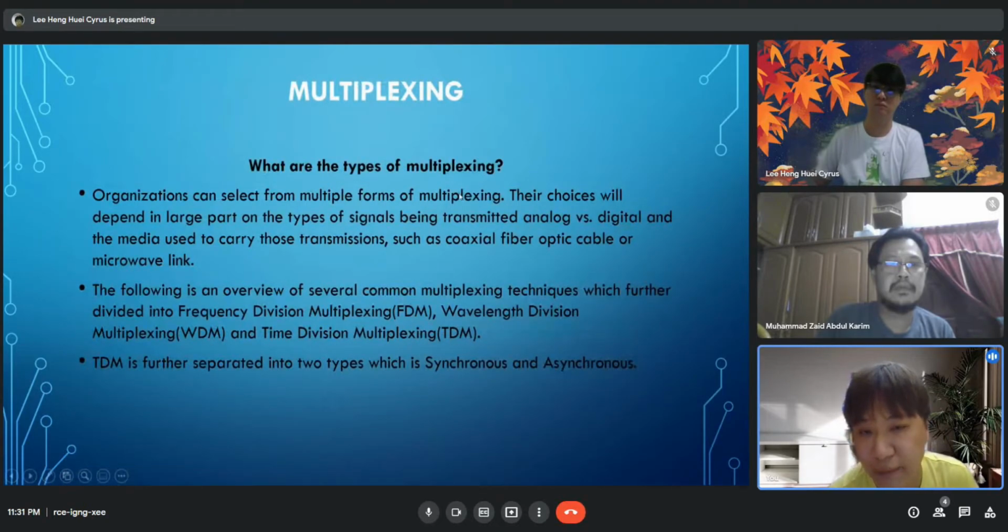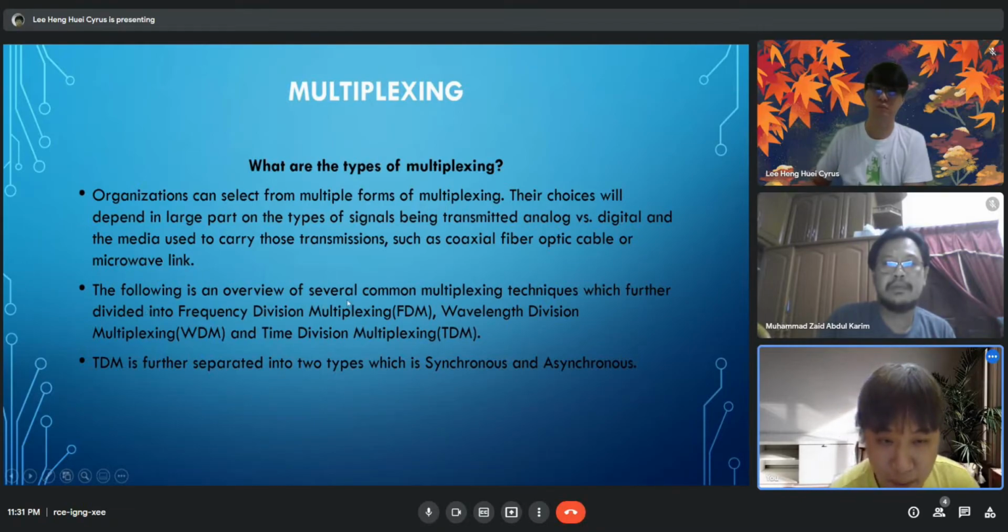Okay, what are the types of multiplexing? Now, in an organization, we can select multiple forms of multiplexing. We can choose according to the type of signal being transmitted, analog or digital, and the media used to carry the transmission, such as coaxial, fiber optic cable, or microwave link.